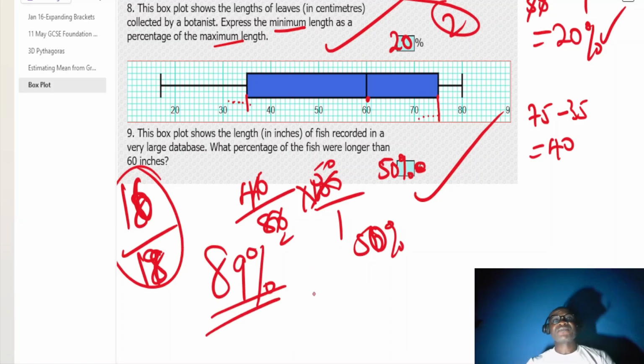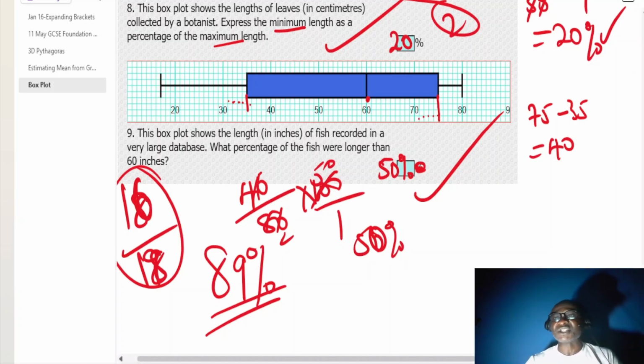All right. This explains how we can read a box plot: finding the median, the upper quartile, the lower quartile, the maximum value, the minimum value, the range, and even converting the answers to percentages.